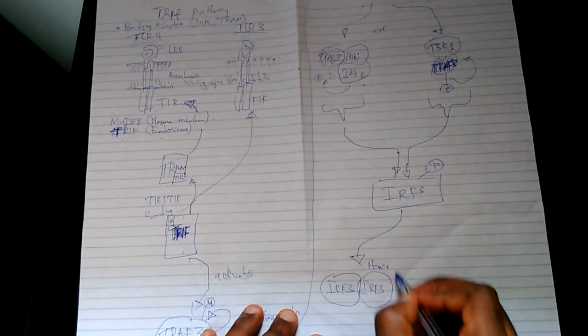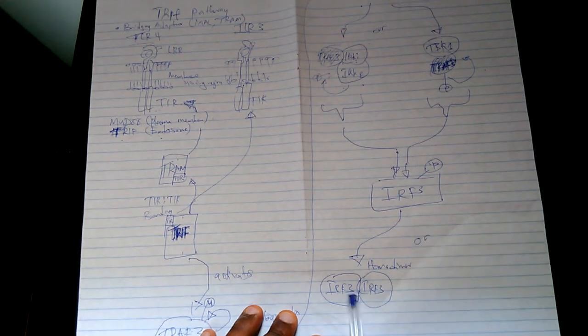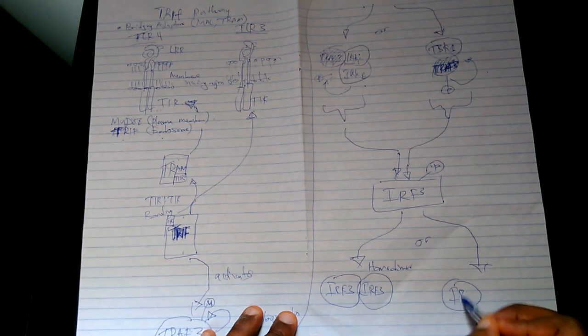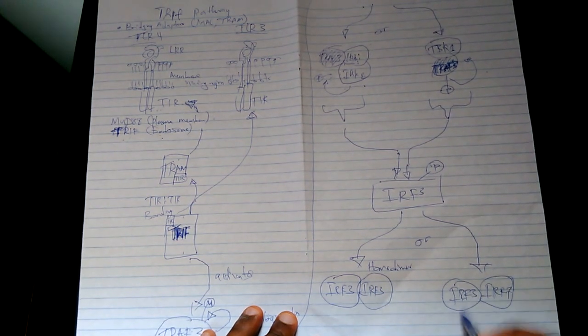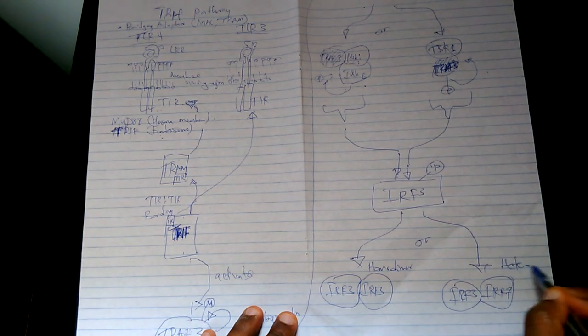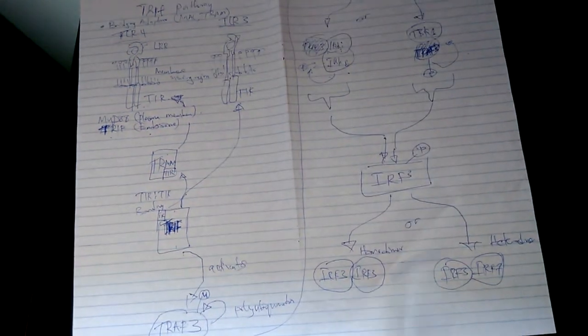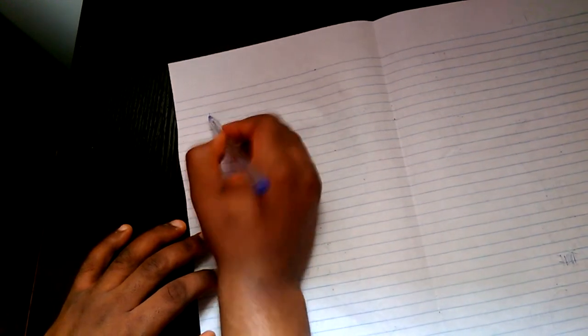So this guy either goes to form a homodimer with itself, or it goes ahead to form a heterodimer with IRF7. So either it forms a homodimer with itself, or forms a heterodimer with IRF7. Now the homodimer goes ahead.